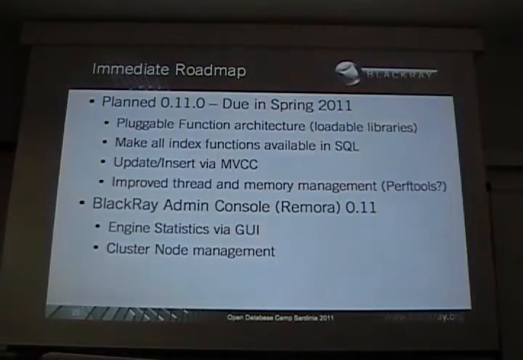So it's a little bit better to analyze this, and it doesn't take so long to figure out bottlenecks anymore. We have an admin console, which is a nice web-based GUI for it. It allows you to do queries and everything, update, manage the data. And it'll allow cluster node management if I ever get around to implementing that.